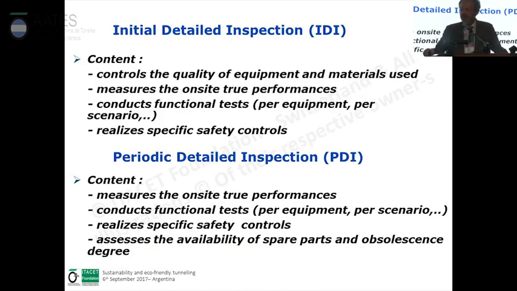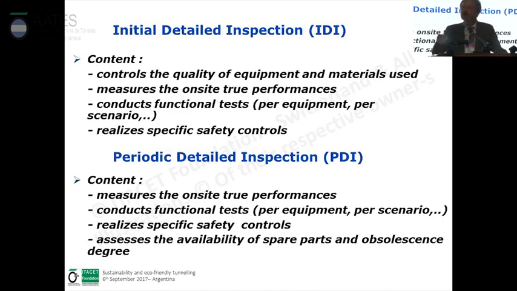It's what I detail in this slide. When the tunnel is opened, for example, it has just been finished being constructed, just after that we have the initial inspection to control the quality of the equipment, what has been installed, to be sure that everything is okay. You can measure the performance of your equipment.